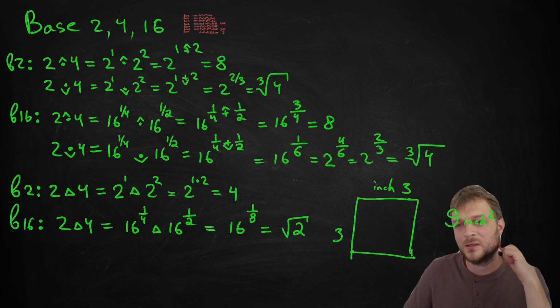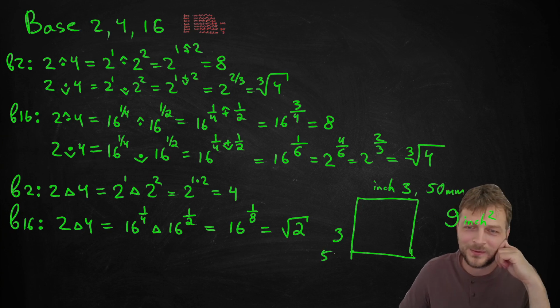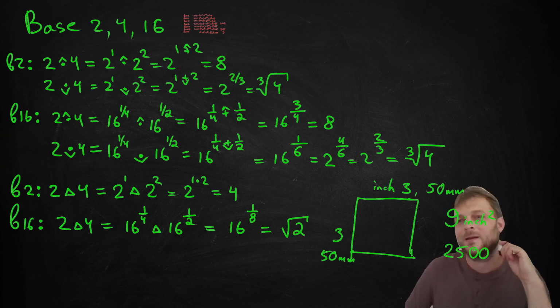If we measure it in centimeters, there may be like 5 centimeters or something like that, or 50 millimeters, okay? And here is 50 millimeters. Then its square will be 2500 millimeters squared. So kind of a different number.